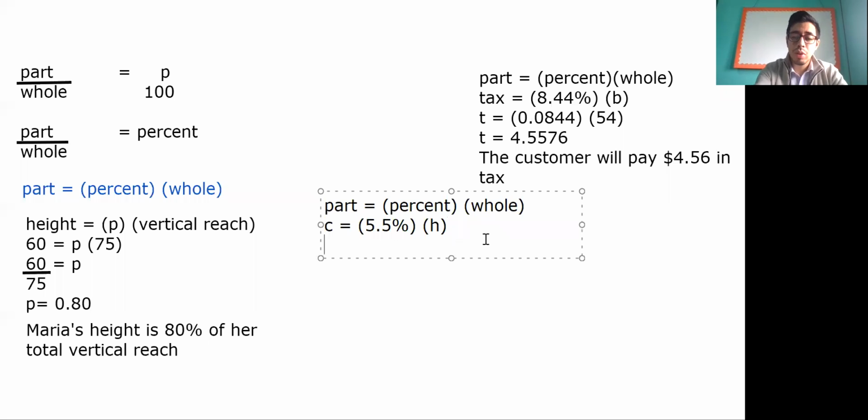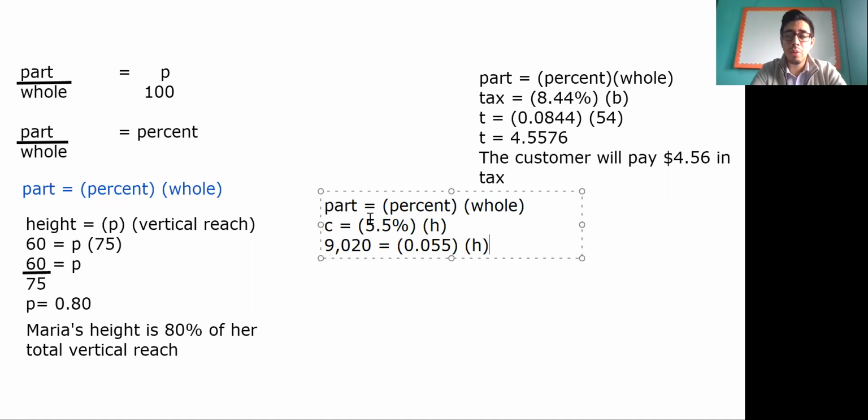So the commission, what is the commission? It is 9,020, right? 9,020. This is equal, when you divide 5.5 by 100, you obtain 0.055, and you multiply again by the variable h.